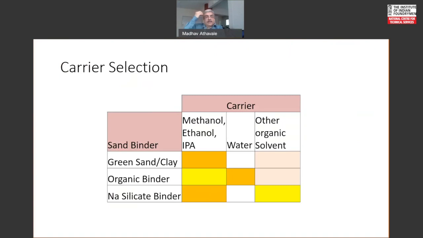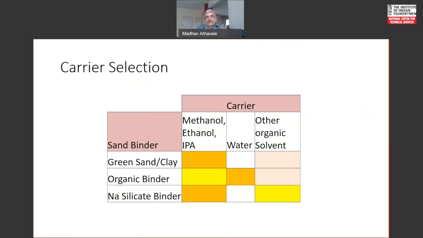While if it is organic binders, like you have alkali phenolics, or you have your furan binders, or other varieties of organic binders, including pepset and cold box, for which water is the preferred carrier, assuming you have proper drying facilities.